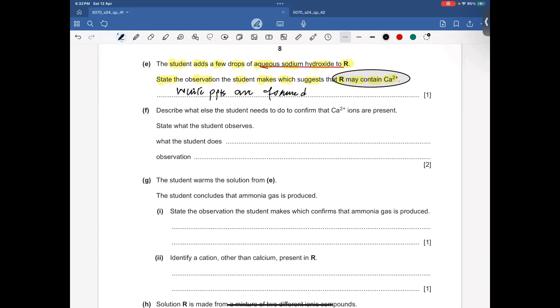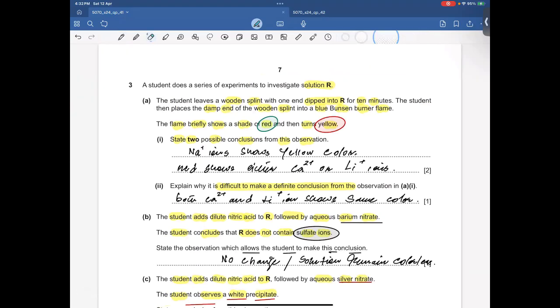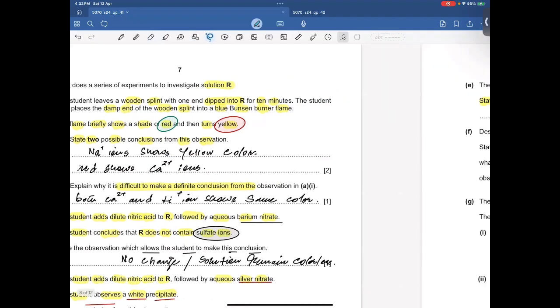Since calcium ion is present in R, which means I'm not going to use lithium ion here. I'm going to use calcium ion. So that shows calcium ion. That's confirmed now.